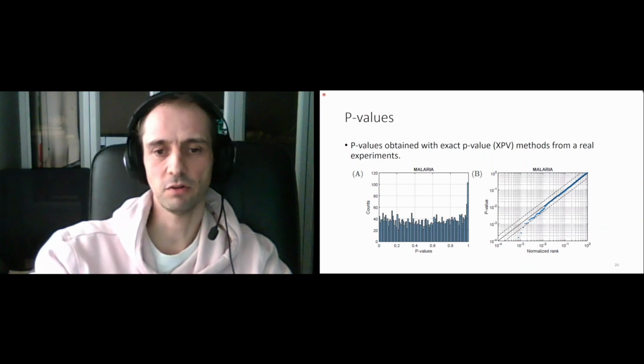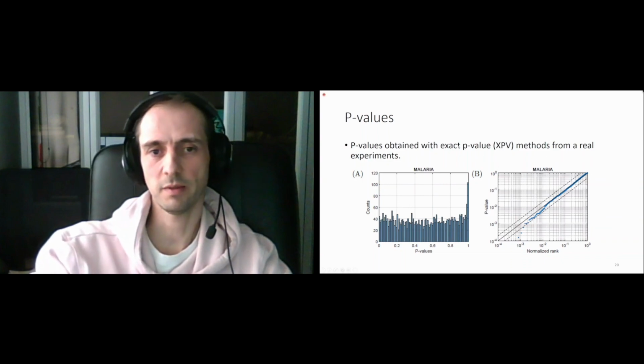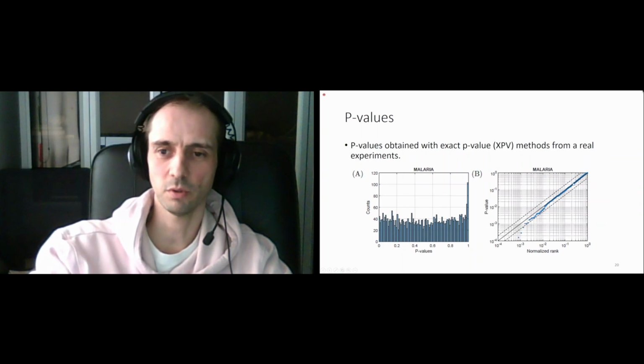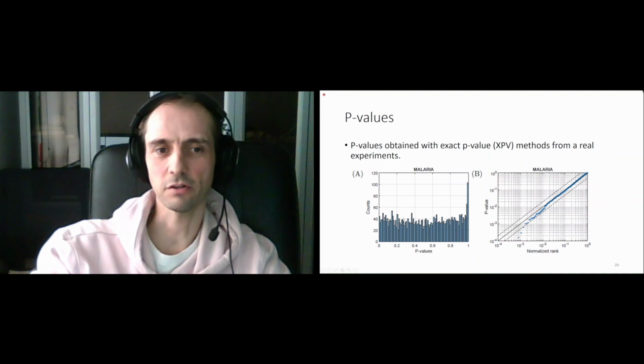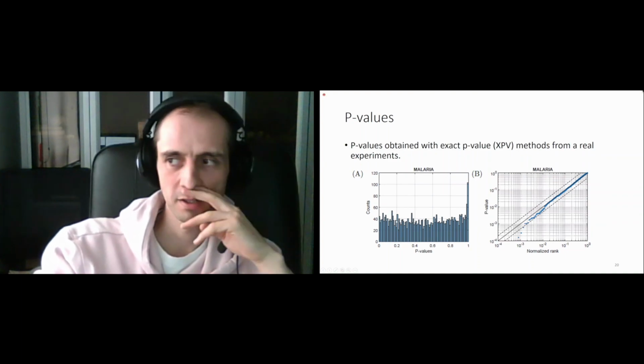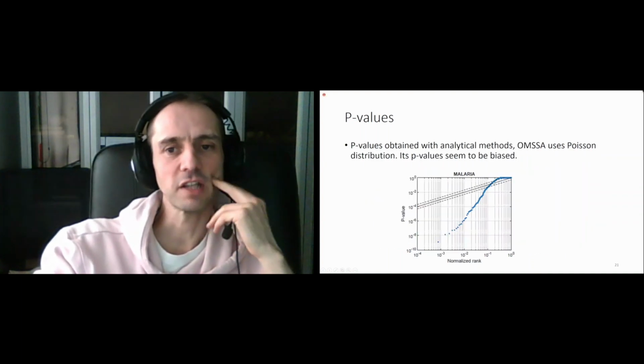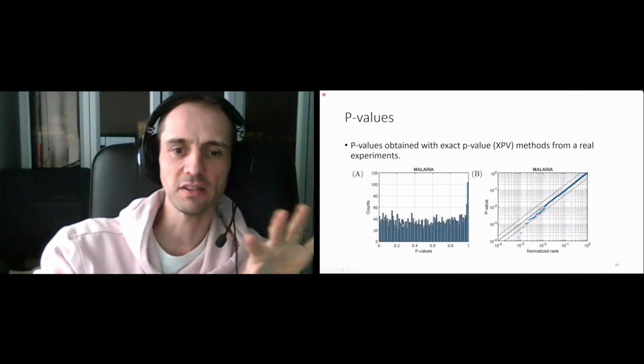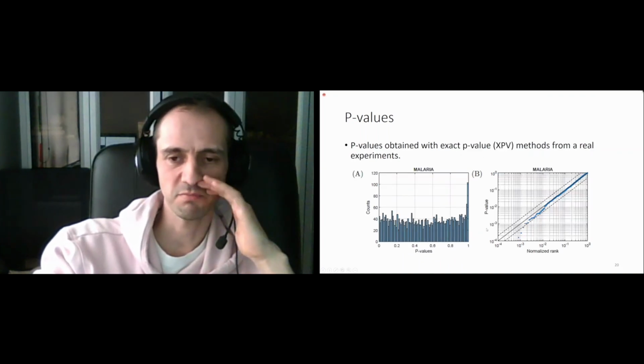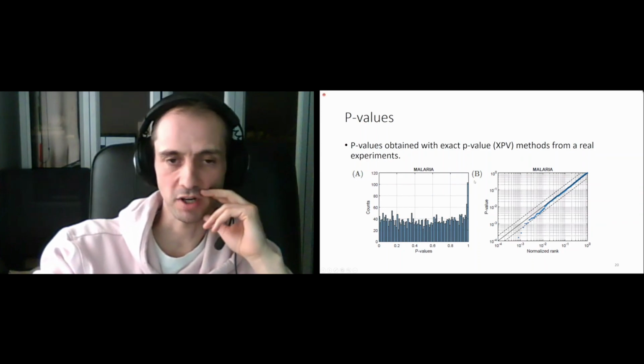So these are the p-values from one experiment, a malaria experiment, and I calculated these p-values with this exact p-value method. And if you put these p-values on the QQ plot, then the p-values versus the ranks should follow this linear pattern along the diagonal. It means that the exact p-value calculation is quite accurate in practice.